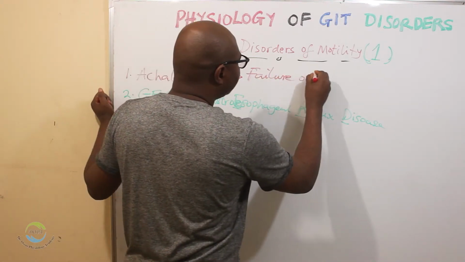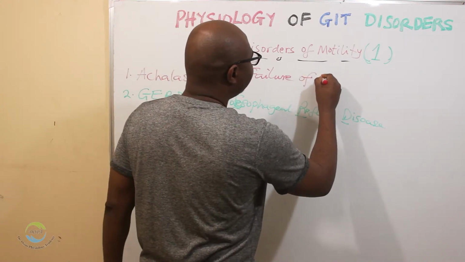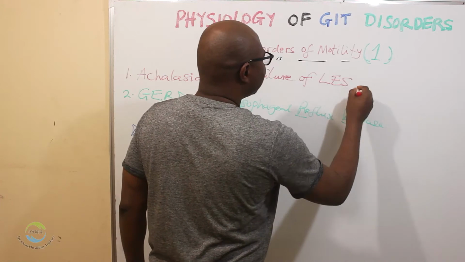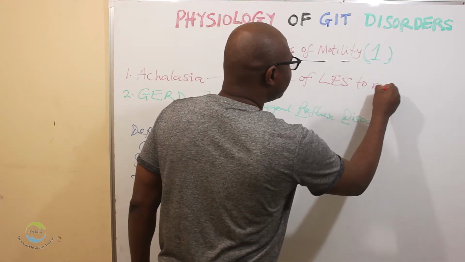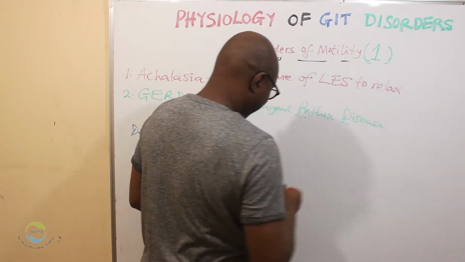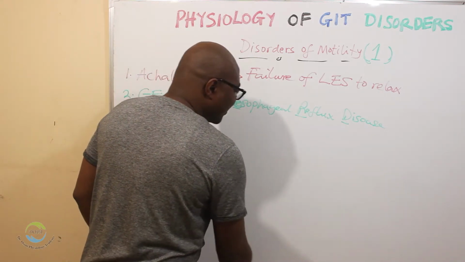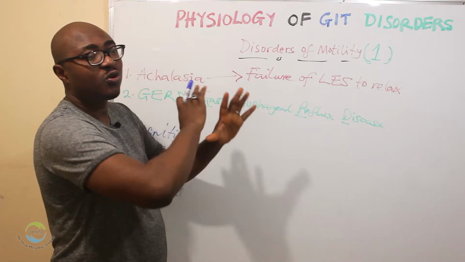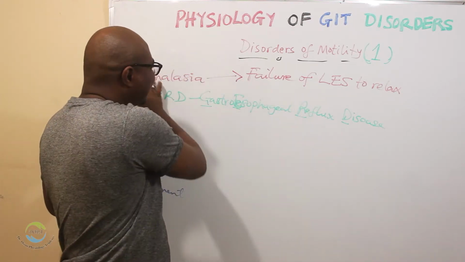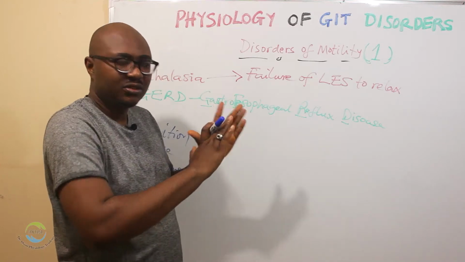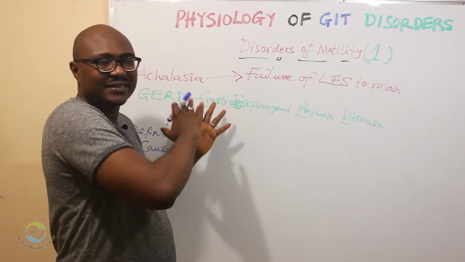Failure of the lower esophageal sphincter to relax. Okay? So, in fact, the conclusion of the whole matter about this achalasia is that there is damage to that segment, the lower part, everything.